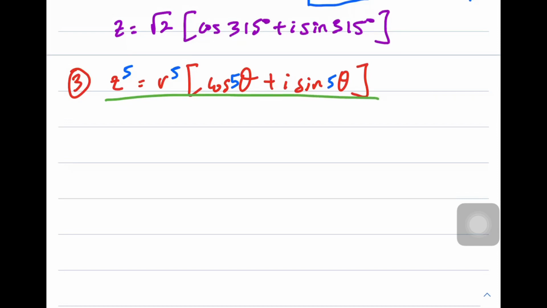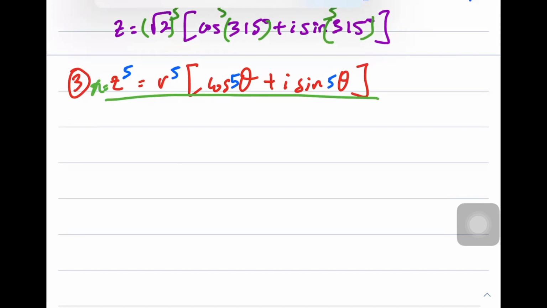Therefore, we want to solve for x, which is z to the power of 5 just now. So let's apply De Moivre's theorem here. From our polar form, square root of 2 cos 315 degrees plus i sin 315 degrees, we take the power of 5 on our r and then multiply 5 towards our argument.